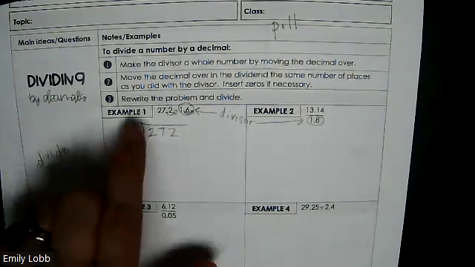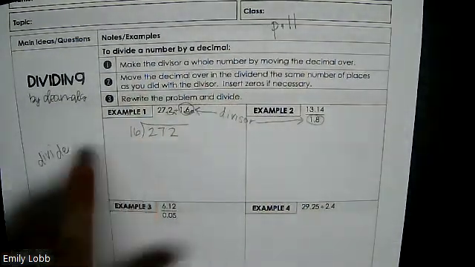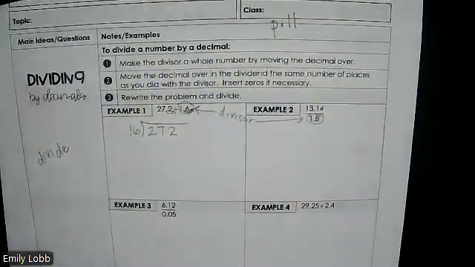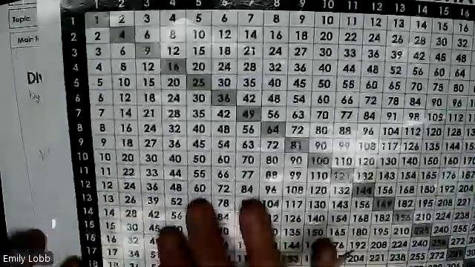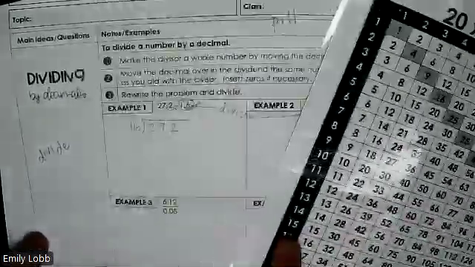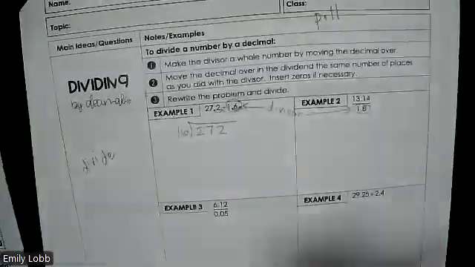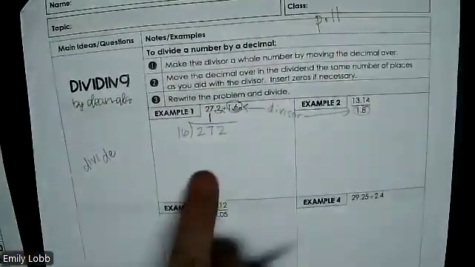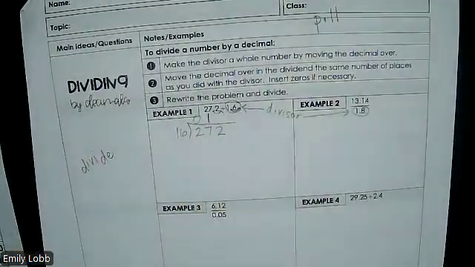Whatever you do to the divisor, you have to do the same to the dividend. I've already said that we're rewriting the problem and we're dividing. 16, we can divide by on our multiplication table, right? So we're trying to get to 27. Well, I can only do it once. So I'm putting a 1 above the 7, not above this 2, because 16 went into this 2 zero times.